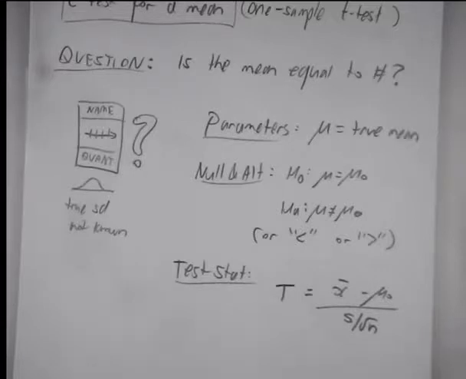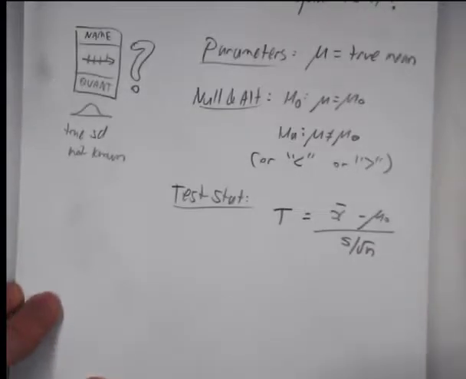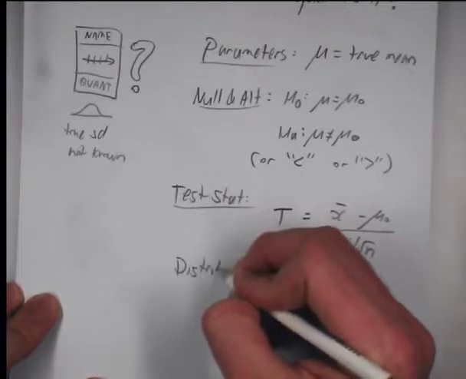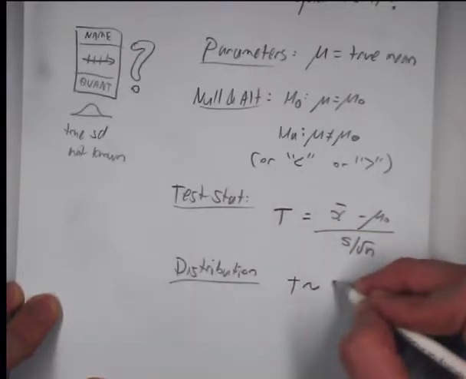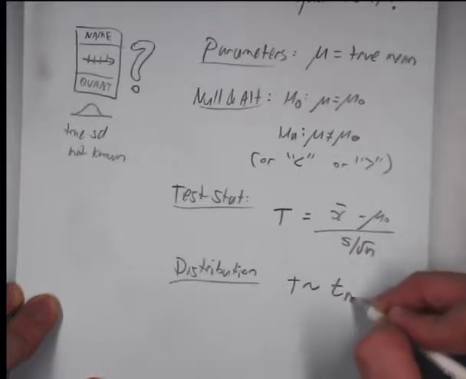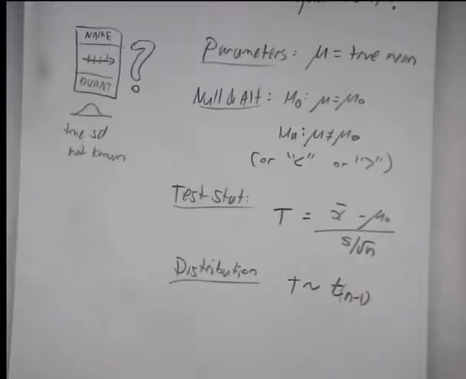The difference being that in the other one it was sigma, the real standard deviation, and this s is the sample standard deviation. And t is distributed according to a t distribution with n minus 1 degrees of freedom. What the degrees of freedom means, well, there's two versions.